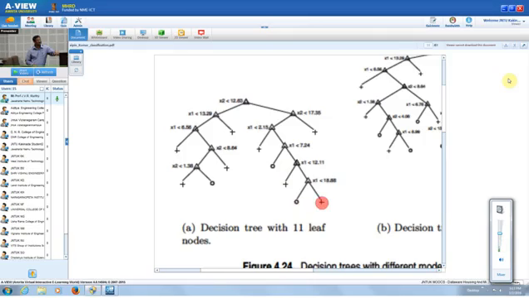Using these conditions, you have done this. This is how you have a decision tree with 11 leaf nodes. You stop the decision tree with 11 leaf nodes at this stage because you have fixed some threshold number of records and you stopped the tree. Now you come to the other.